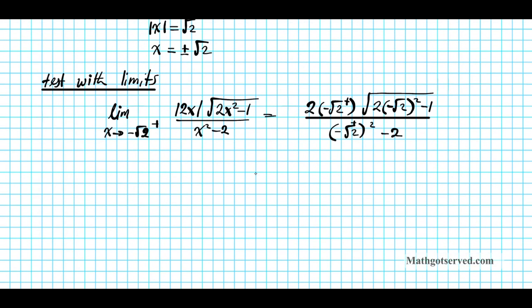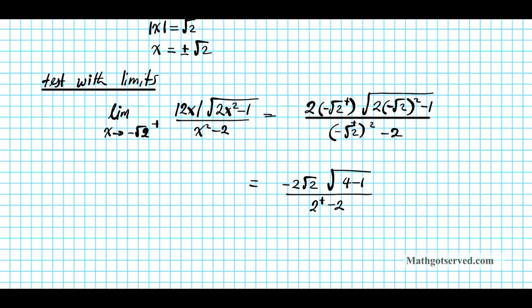Okay? All right, so this is going to become negative 2 root 2 times the square root of, negative root 2 squared is just 2, 2 times 2 is 4, 4 minus 1. Over in the denominator, you're going to have negative root 2 squared is just 2 from the right, minus 2. So what is that going to become?